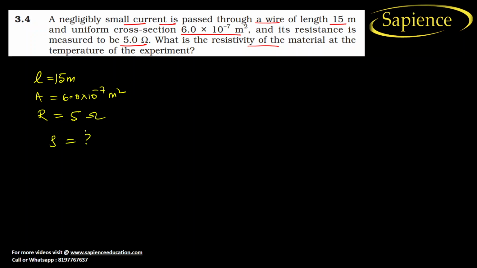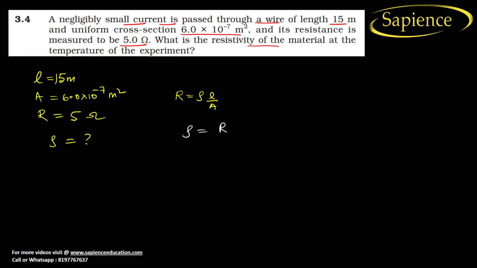Rho is equal to how much? So we need to find the resistivity, right? So how to find resistivity? R is equal to rho L by A. So from here we need to put the values.